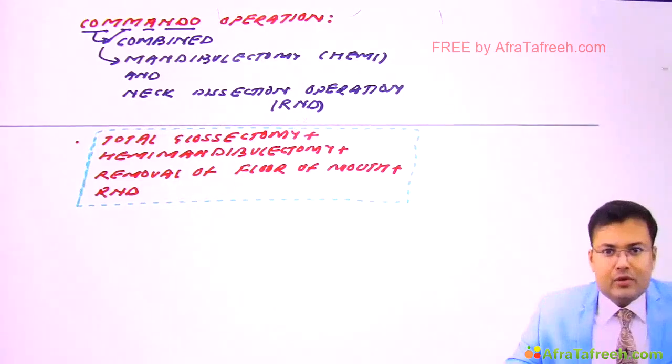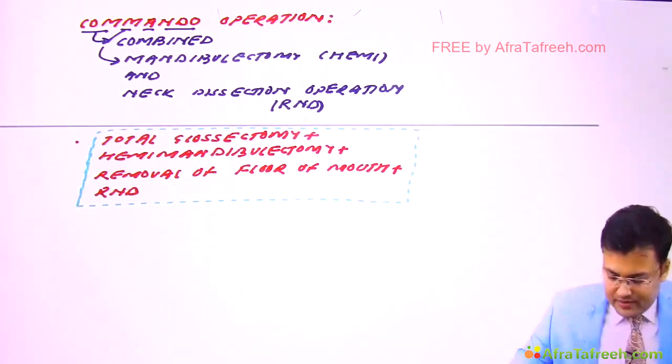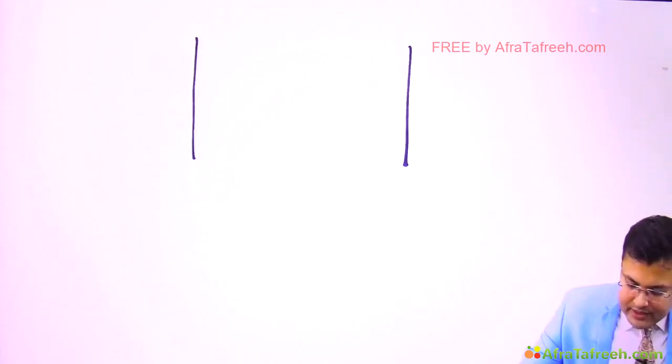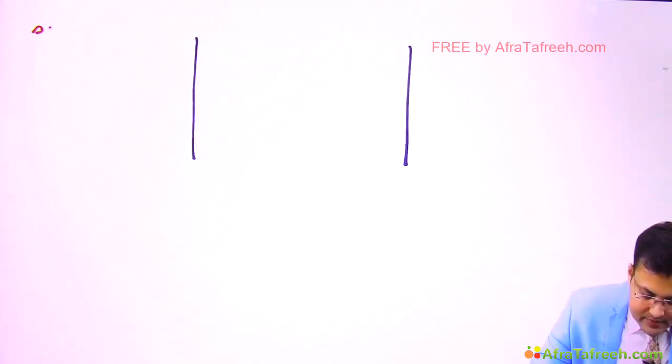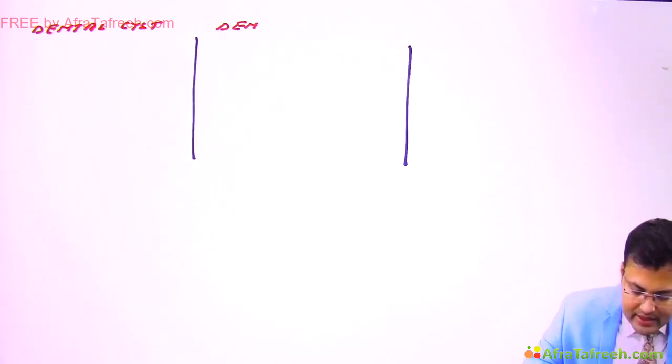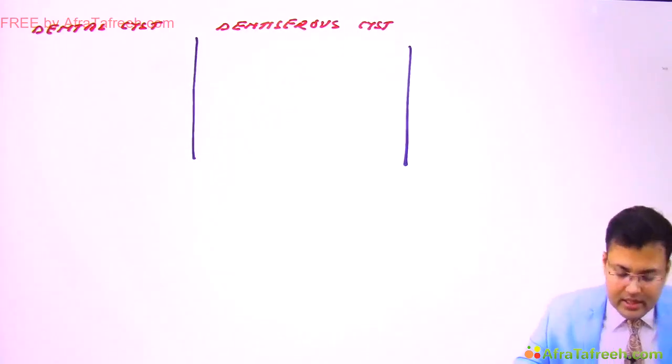Now see the important points related to three conditions which are asked frequently. First is dental cyst. It's in relation to normally erupted tooth. Second is dentigerous cyst. It is in relation to unerupted tooth.